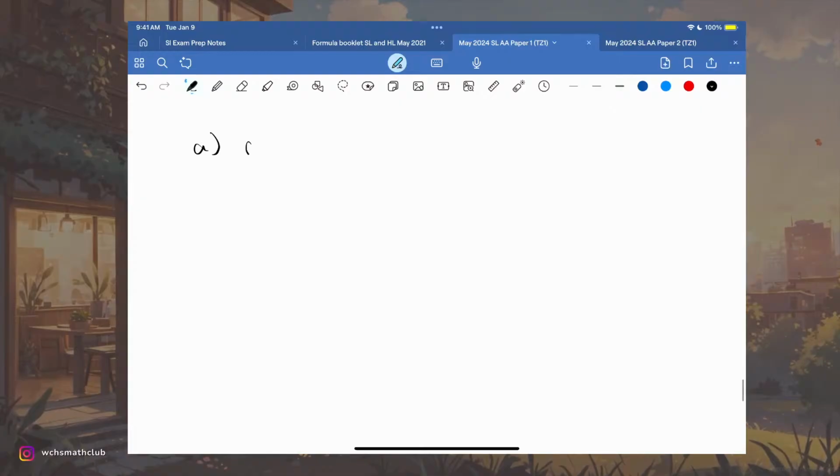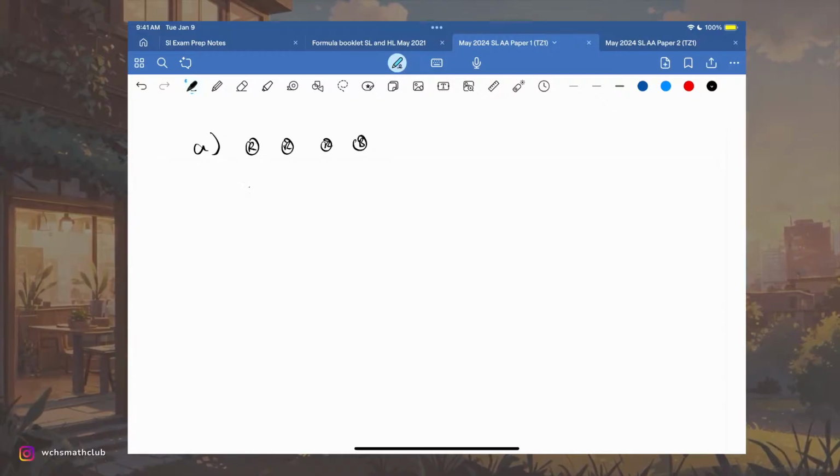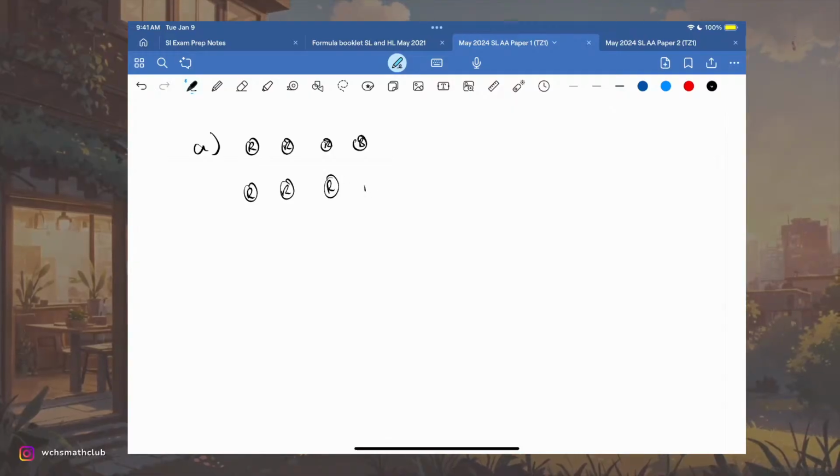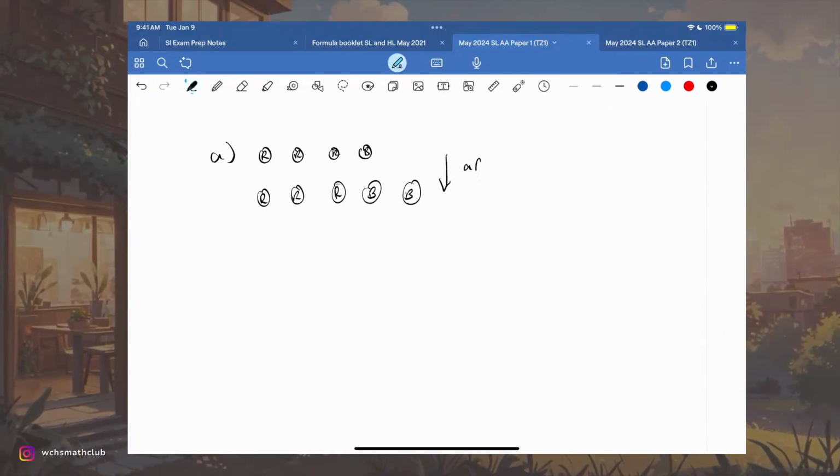I'm going to start with red, red, red, blue, and then after the first move, we're going to get red, red, red, blue, and then another blue over here. And this is going to be after the first step.